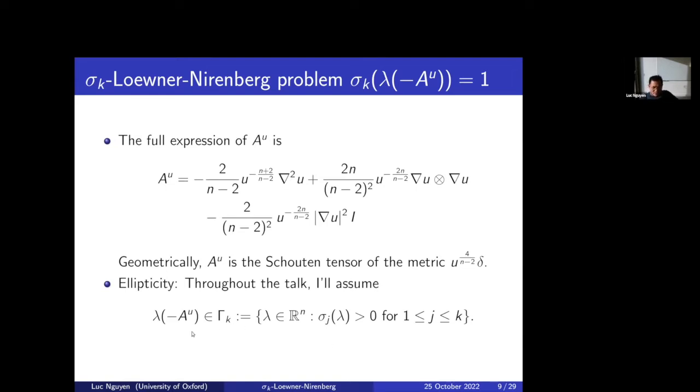So this is one type of equation. In some literature it is referred to as the negative type problem. Another kind of ellipticity condition is to impose that lambda of A^u, rather than lambda of minus A^u, is in the Gamma k cone. But we will not discuss that problem in this talk.